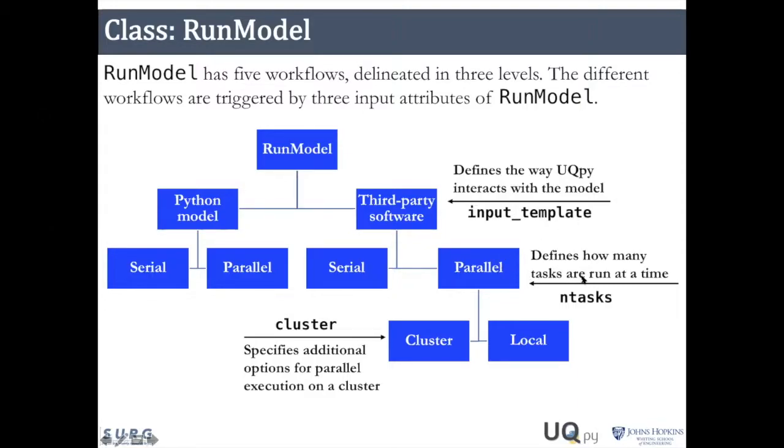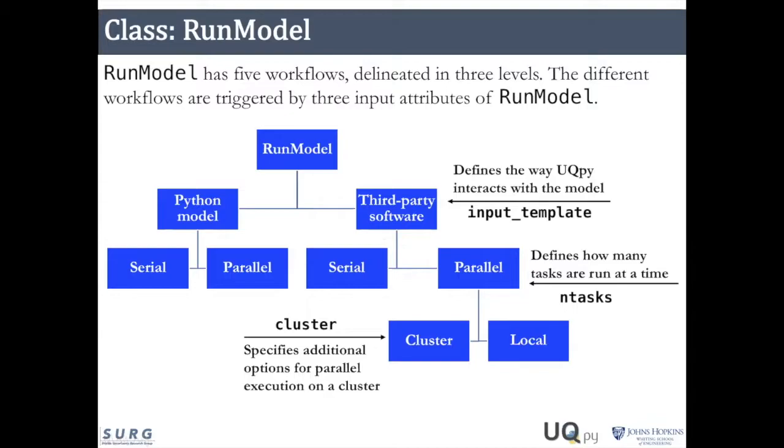In the second level, after selecting a particular workflow, either a serial or parallel execution of models is conducted. This is done by specifying the parameter called n_tasks, which defines how many tasks are run at a time.